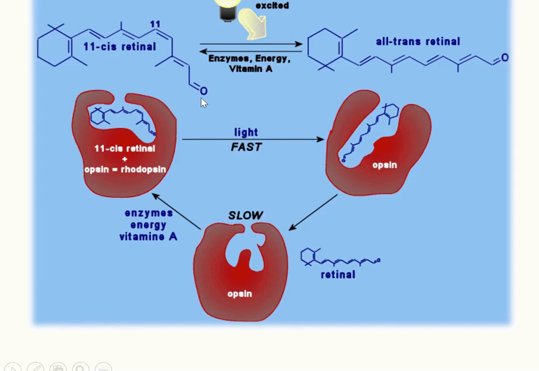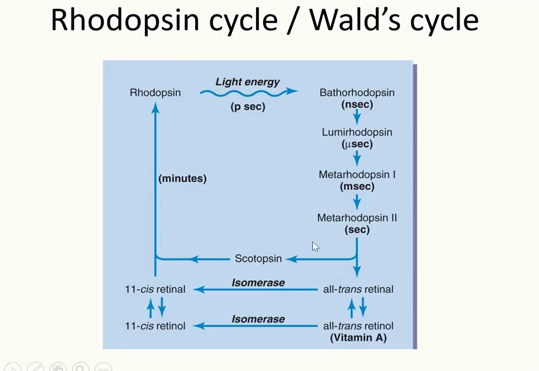The angulated structure now becomes a straight structure. So now the scotopsin molecule cannot hold this all-trans retinol, so it dissociates. Now you can understand this molecule, we call it metarhodopsin 2, which is an active form, but within a few seconds it separates out. That is what has been shown in this Wald cycle.